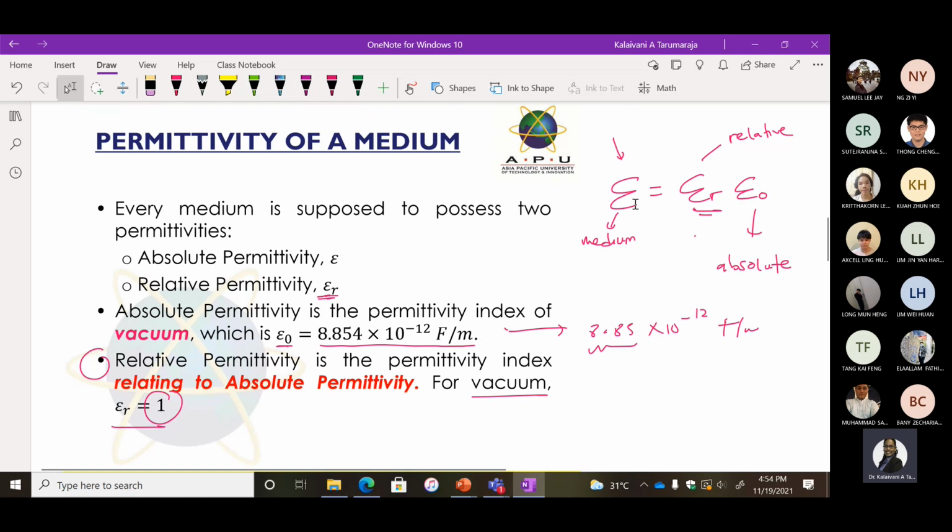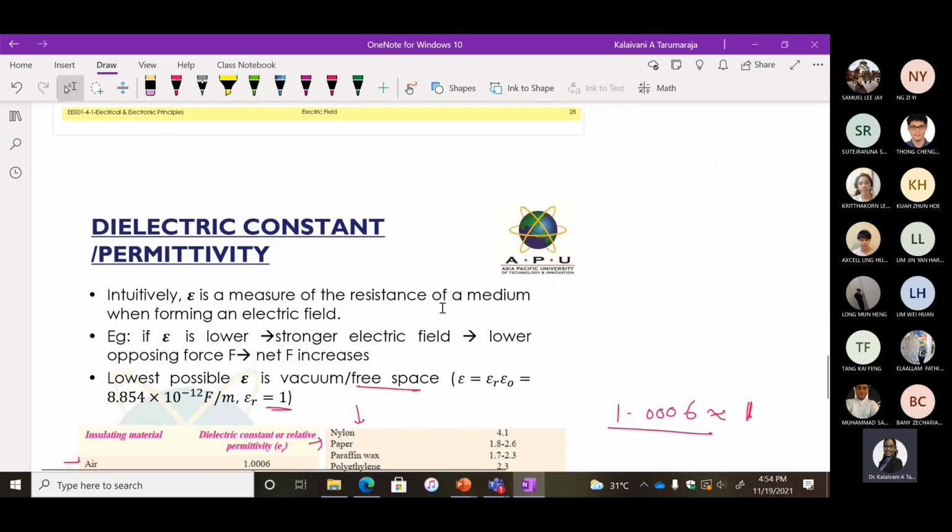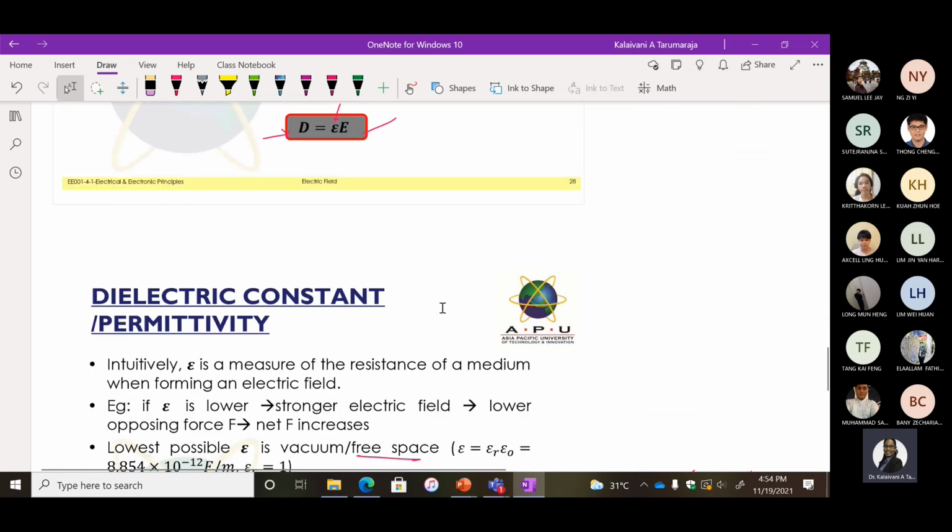When anyone says permittivity refers to your medium, you need to have relative and absolute permittivity, and only then can you calculate. At the same time, other answers are also acceptable if they give the definition of what permittivity stands for.